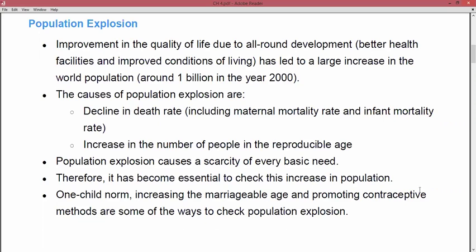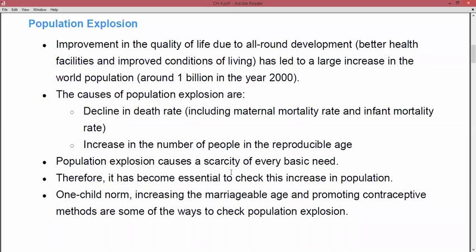So for this reason, every year the government checks, as well as prepares a list in which the particular details of all the families are given, that is, what the total increase in the population is in the particular year. Now, one child norm, increasing the marriageable age and promoting contraceptive methods are some of the ways to check population explosion. So one child norm means a family having only a single child, right?